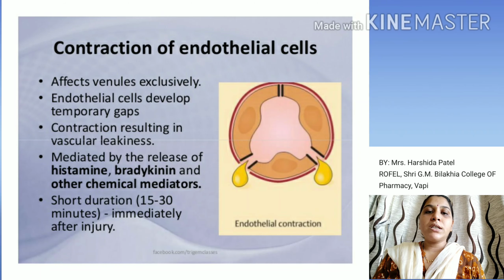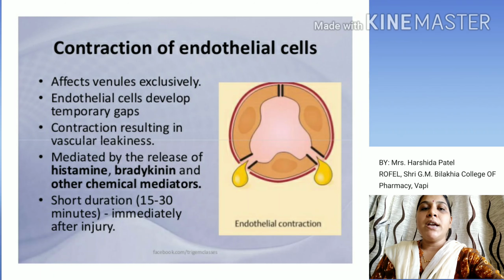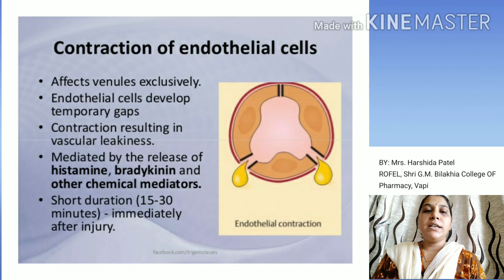In the figure you can see 2 drops coming out of the gaps, showing the contraction and leakiness. One cell has contracted and created gaps in between, and that's why drops, meaning molecules, can come out. That shows there is increased permeability.